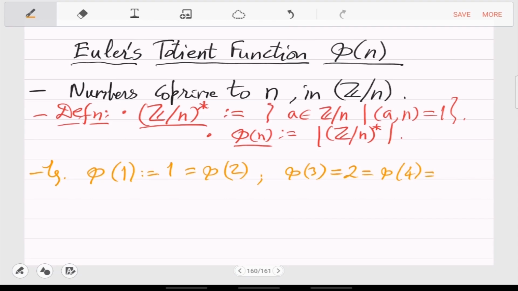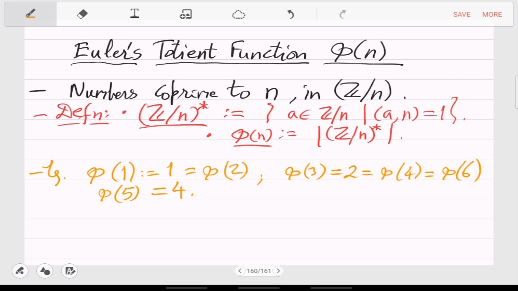And what is phi of 6? Yes, phi of 6 is much bigger than 3, but still the number of numbers co-prime to 6 is only 2. Namely, just 1 and 5. And finally, what is phi of 5? This is 4, right?